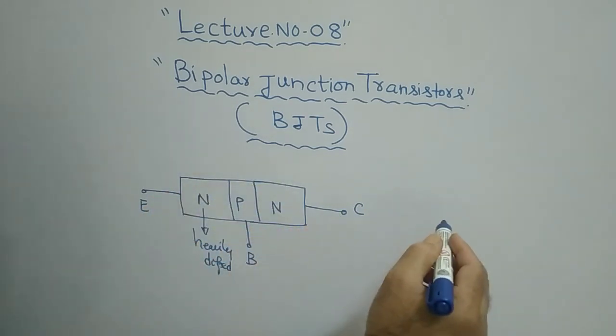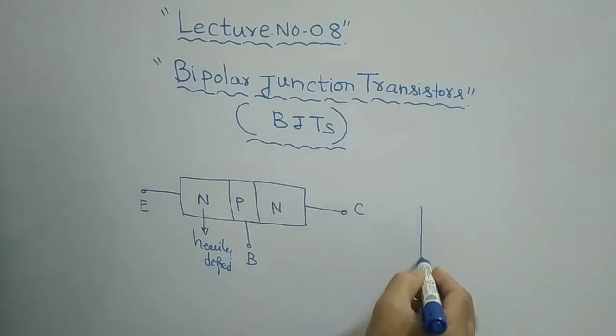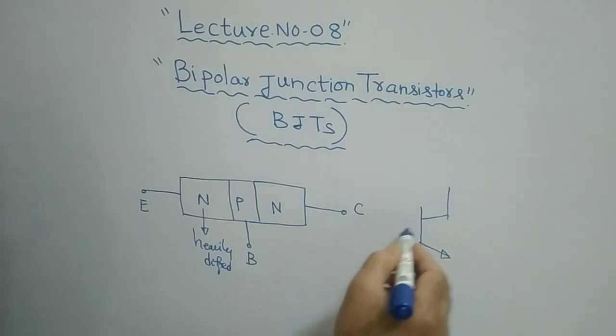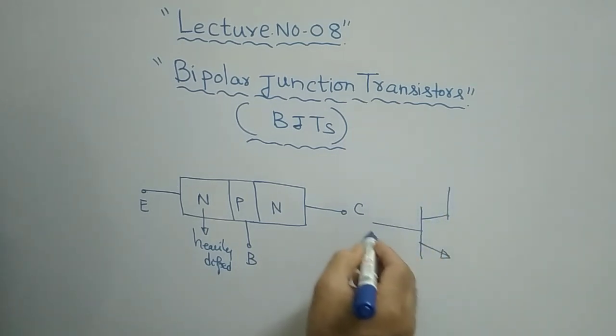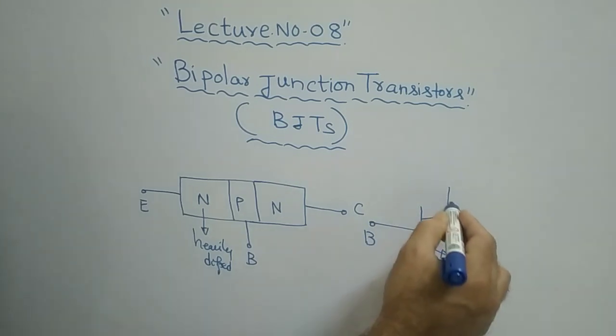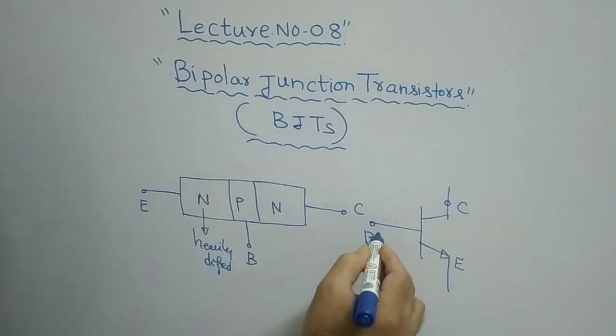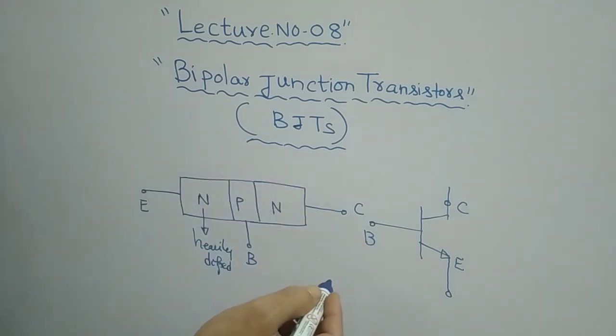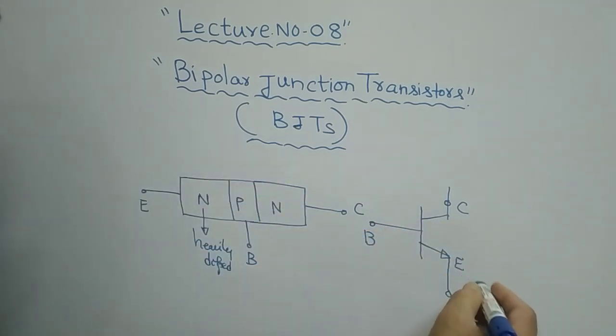Similarly, we saw in the previous presentation the electrical equivalent of the transistor. This is the base terminal, this is the emitter, and this is the collector. We also saw the direction of the currents.